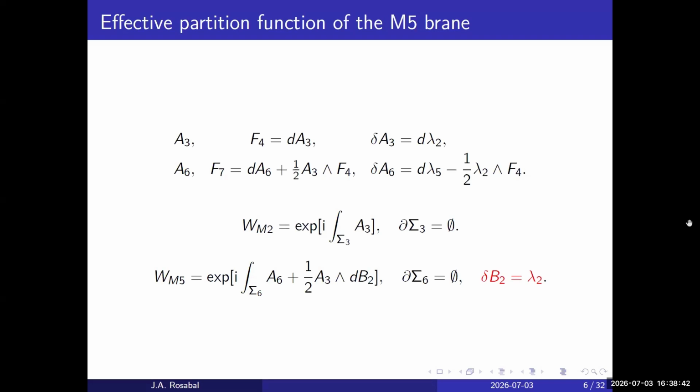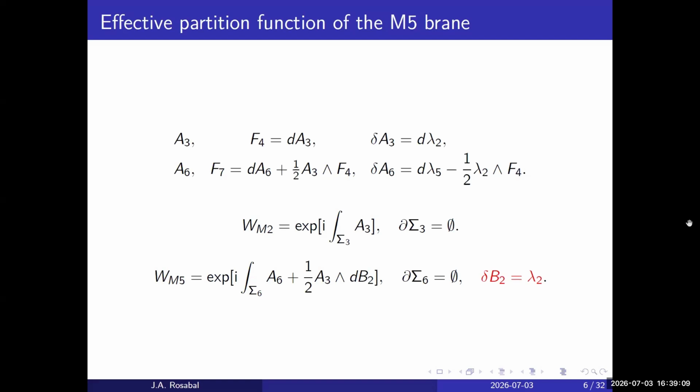And similar to the Wilson loop I mentioned, you can have Wilson loops for this kind of object. So for the M2 brane, you can have this object. However, for the M5 brane, the situation is a bit different to the usual quantum field theory version.